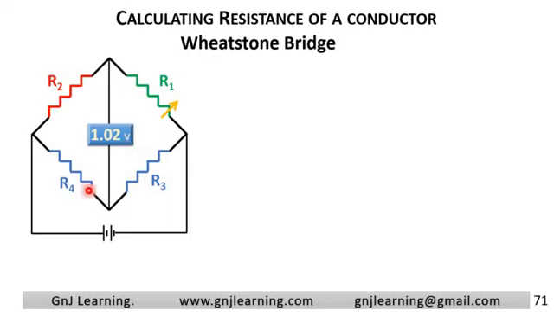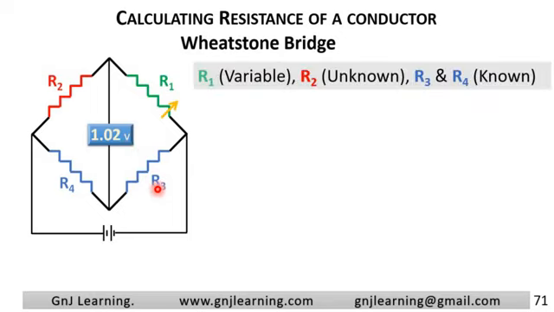Now what are these resistances in the Wheatstone Bridge? R1 is a variable resistance, which means I can change the value of resistance, but still I can know the value of R1. R2 is the resistance that is unknown. That means this is the resistance of our conductor. Here is where I keep my conductor to calculate its resistance.